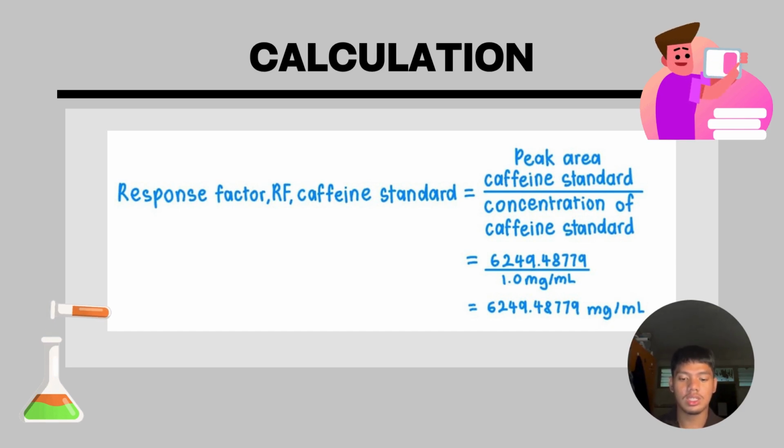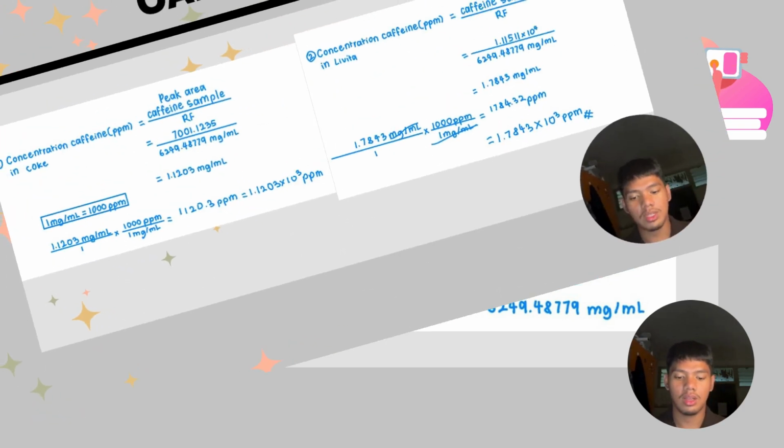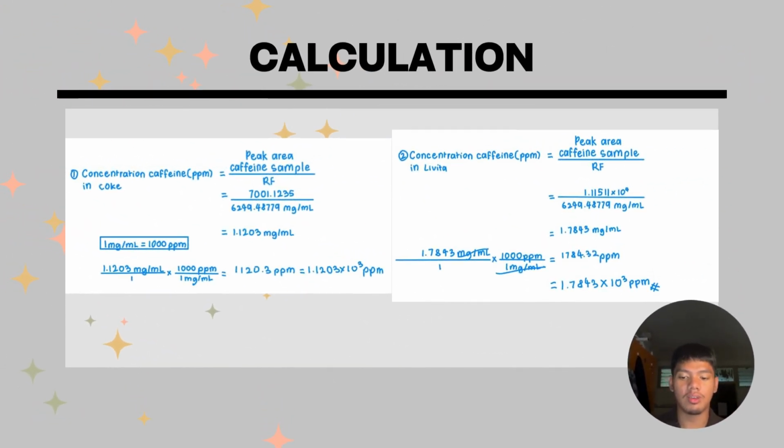So we got 6249.48779 milligram per ml. Next, we must calculate the concentration of caffeine in Coke. We do this by dividing the peak area of the caffeine sample by the RF value. By referring to the data, we substitute 7001.1235 by the RF value. So we got 1.1203 milligram per ml.